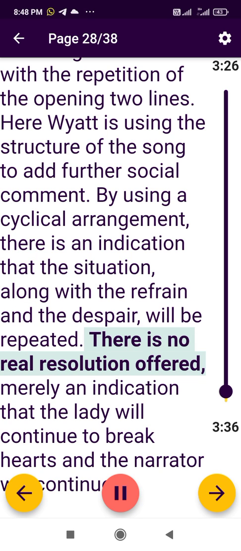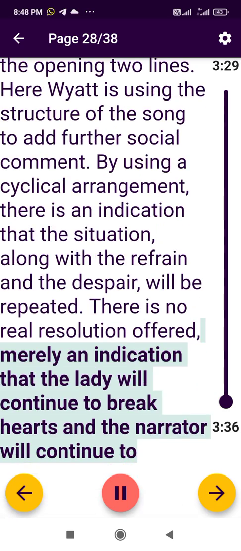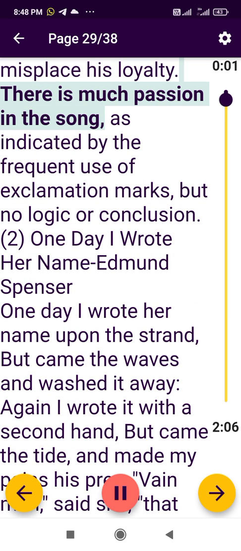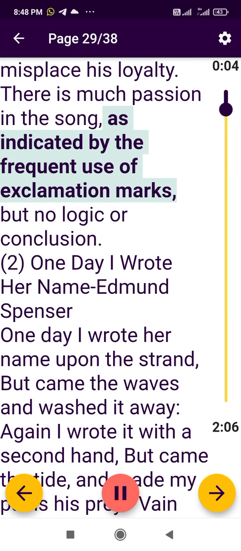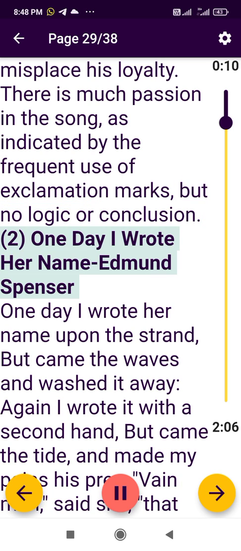There is no real resolution offered, merely an indication that the lady will continue to break hearts, and the narrator will continue to misplace his loyalty. There is much passion in the song, as indicated by the frequent use of exclamation marks, but no logic or conclusion.